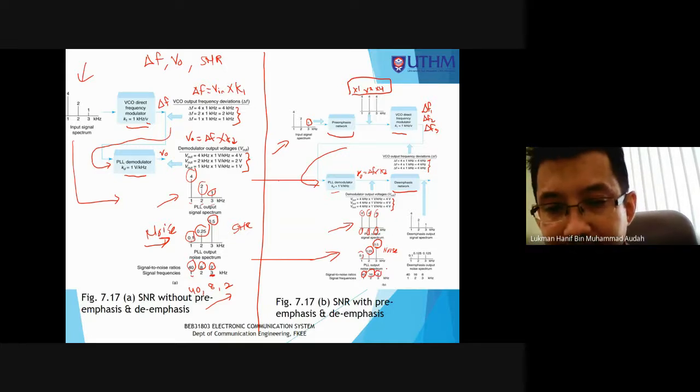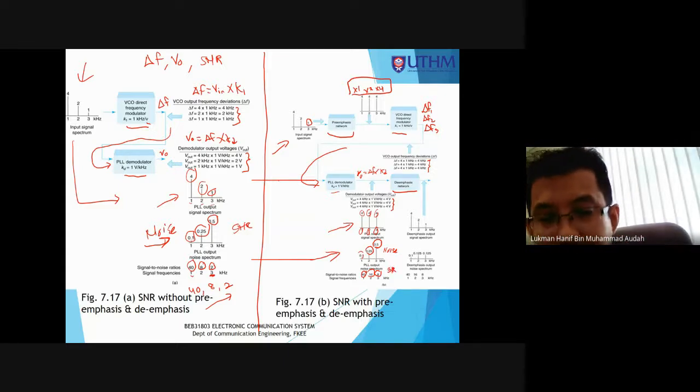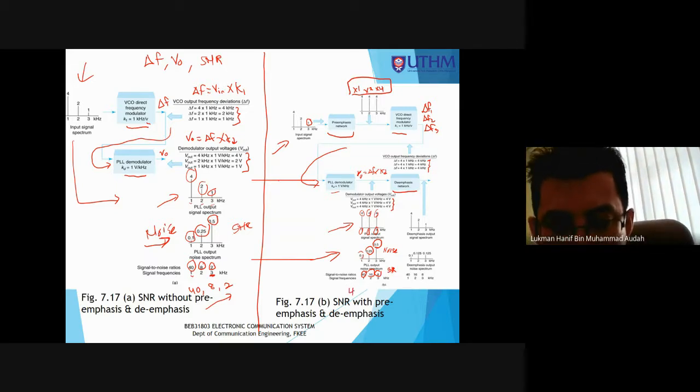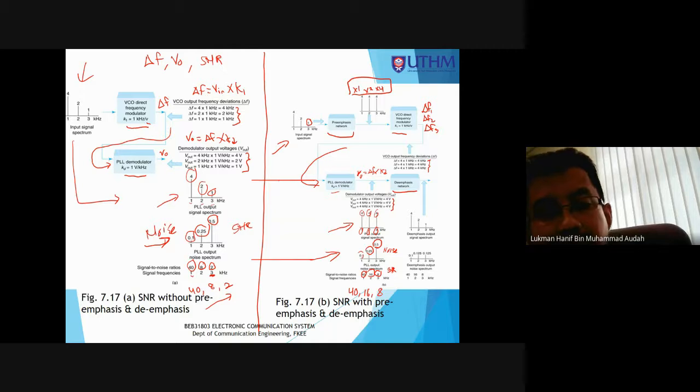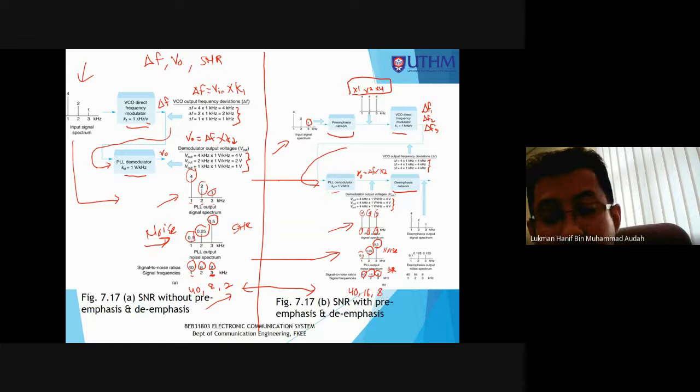Ini SNR. SNR adalah signal level bahagikan dengan noise level. So you see that the SNR is 40, 16, 8. Dia berkurang tetapi lebih baik berbanding dengan yang asal 40 dan 2.